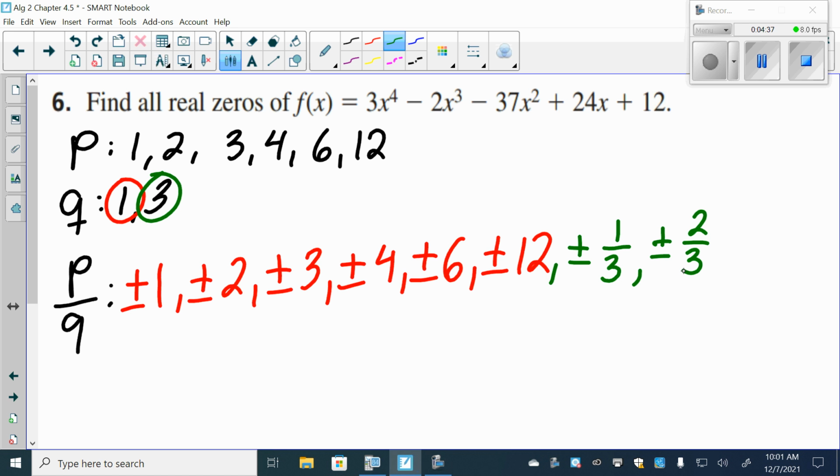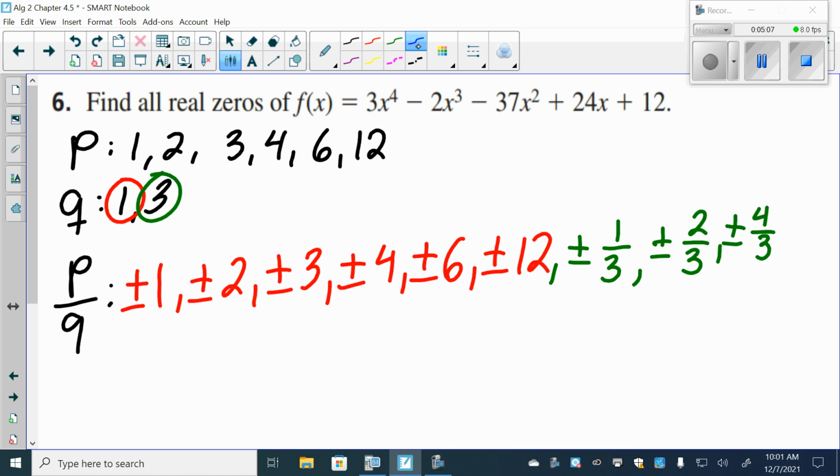Then we have 3 divided by 3, which is 1, and we already have it. Anytime we have one that repeats or we already have listed, we're not going to rewrite it again. 4 divided by 3, we will need. And that's probably going to be the last one because 6 divided by 3 is 2, 12 divided by 3 is 4, so we have them all.